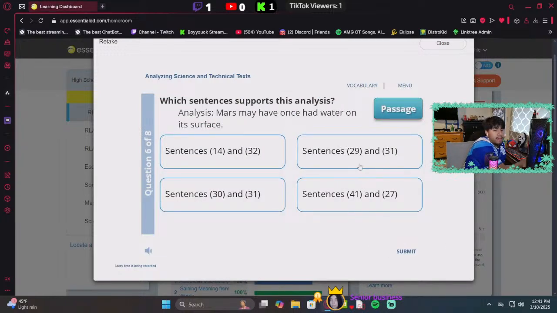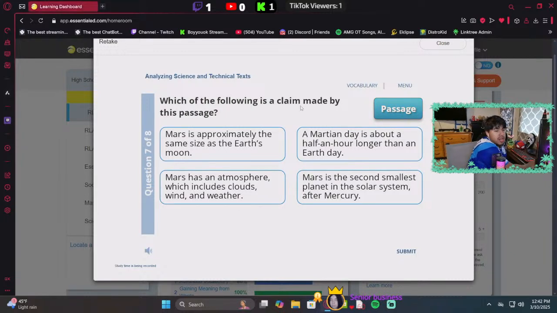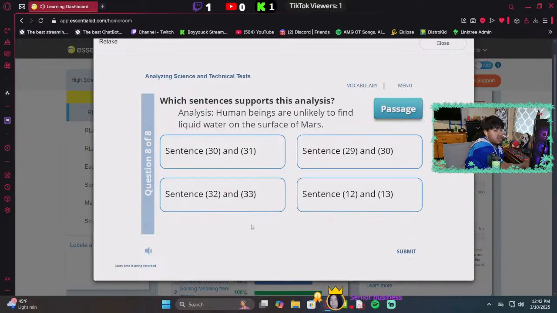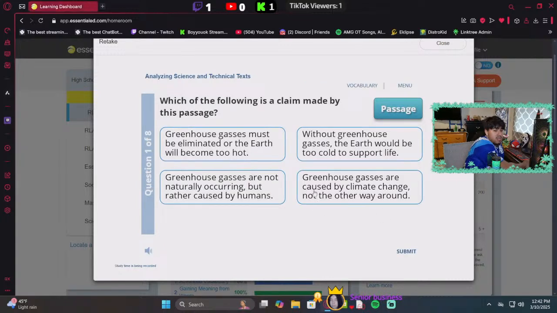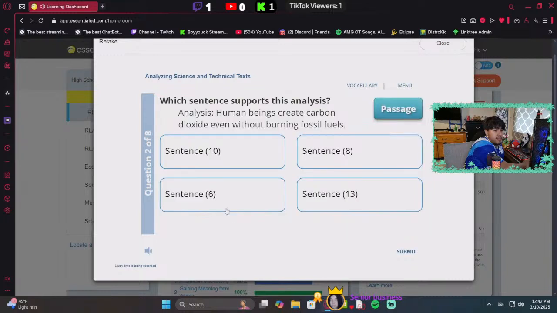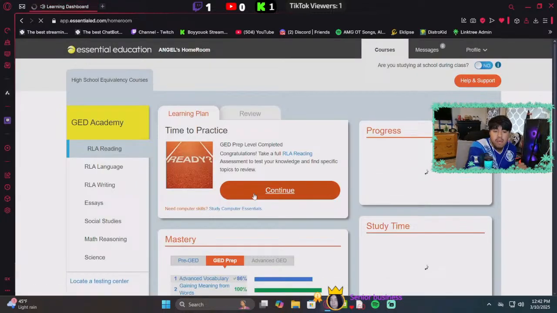Earth Day. Wind and clouds. Code to support life. You're doing very well. You've got all of the first 3 questions correct.